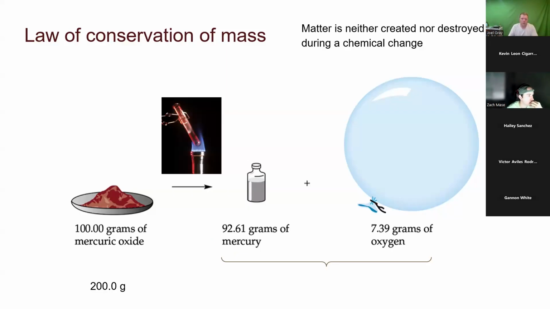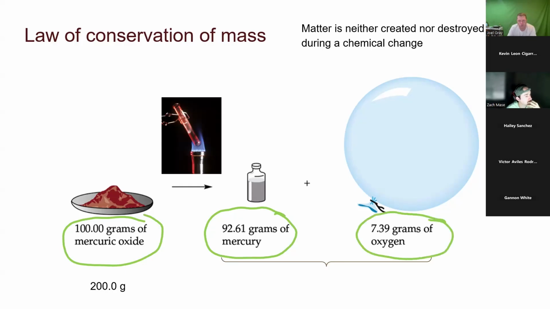So here what we have is a solid known as mercuric oxide. Whenever 100 grams of this is heated, what you get is 92.6 grams of mercury and 7.39 grams of oxygen.